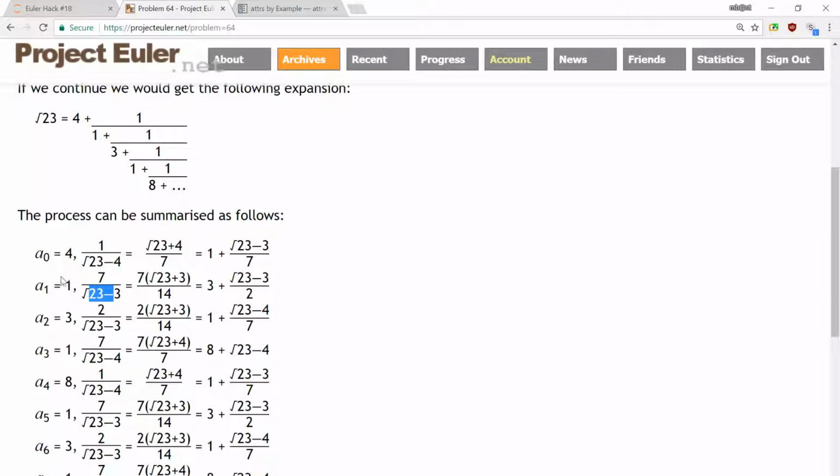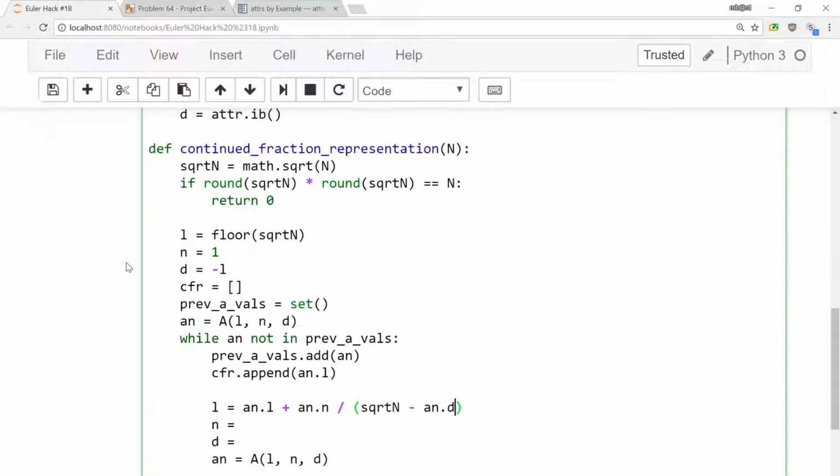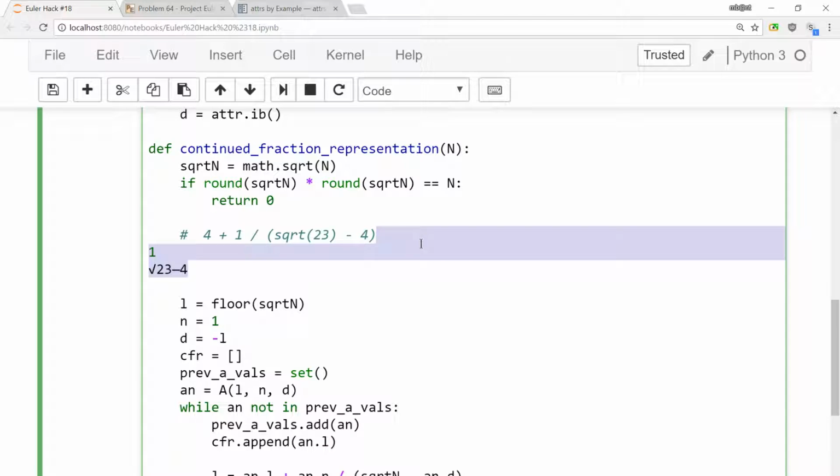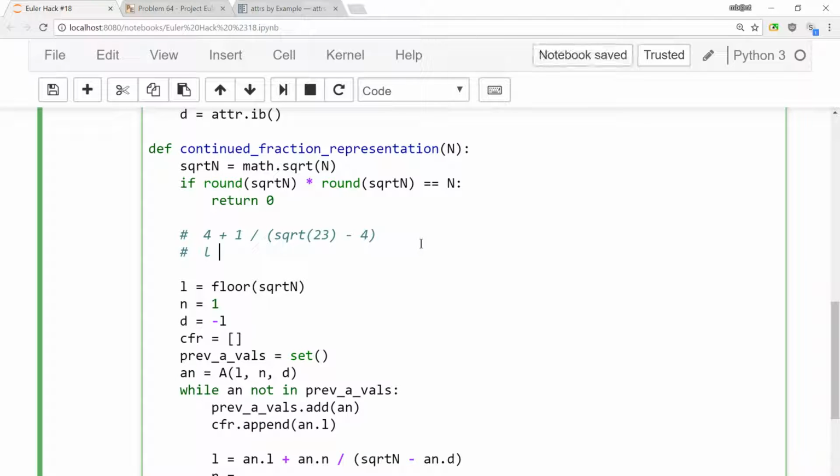So, yeah, okay. If we take this case as plus square root 1 over square root of 23 minus 4, then we have L plus n over, this is kind of like the square root n minus d.